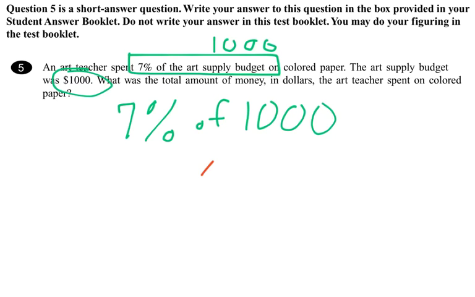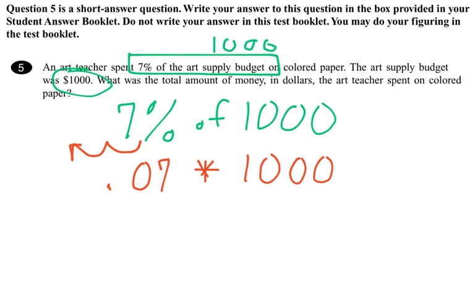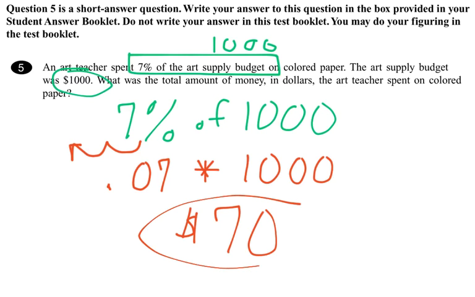Well, we know that of in math means multiplication. The 1,000 we can just bring straight down as well. And our percent we change into a decimal by moving it 2 places to the left. So this is going to become 0.07. And 0.07 times 1,000, when you do that out, would just come out to be $70. And that would be your answer for this short answer question.